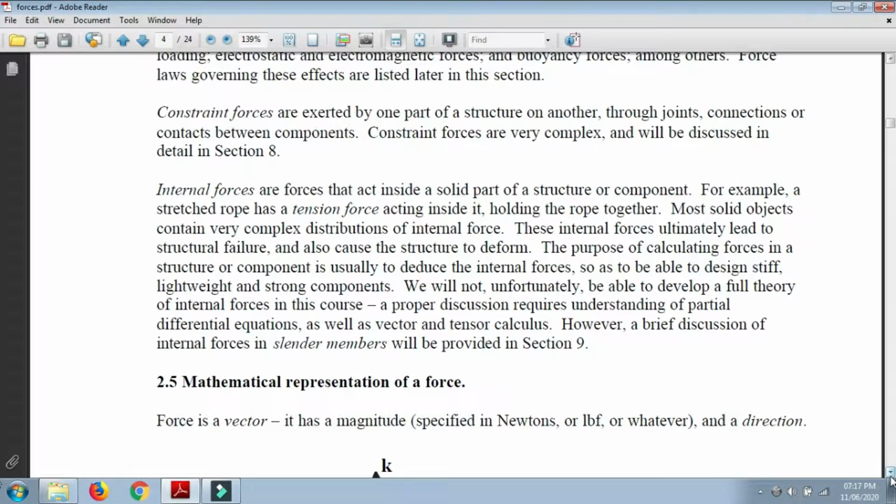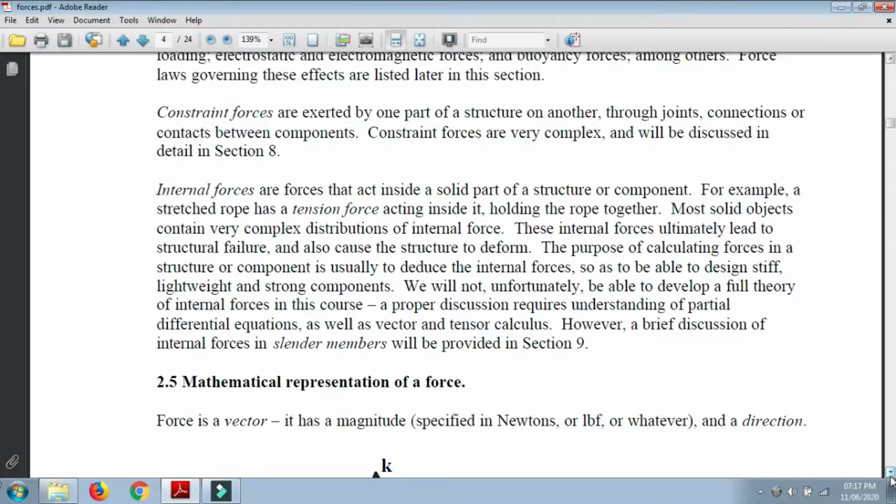Okay, so the purpose of calculating forces in a structure or component is usually to reduce those internal forces. Very important. Unfortunately, we will not be able to develop the full theory of internal forces in this course, because we are studying rigid body systems in statics, and so we assume that our body will not deform.